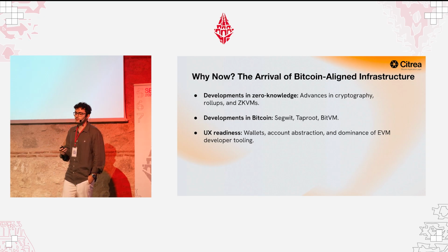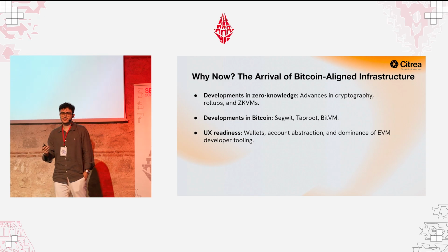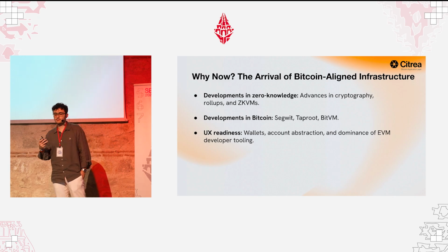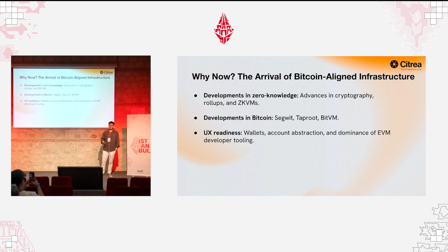For example, in zero-knowledge technology, ZK VMs have become so much more efficient. They've become much easier to use, especially in rollups. There've been developments in Bitcoin in the last years, the SegWit upgrade followed by Taproot, and now BitVM. The SegWit update increased Bitcoin block size from 1 megabyte to 4 megabytes.